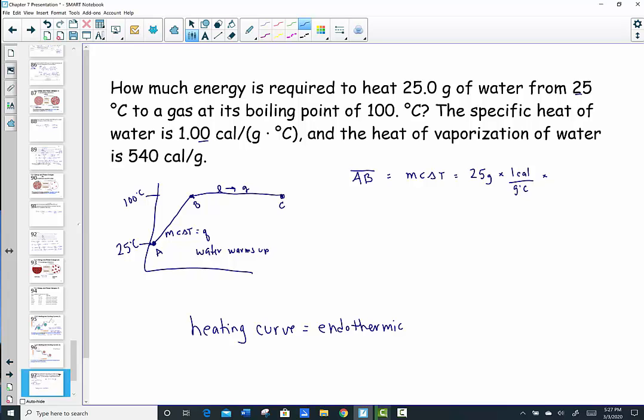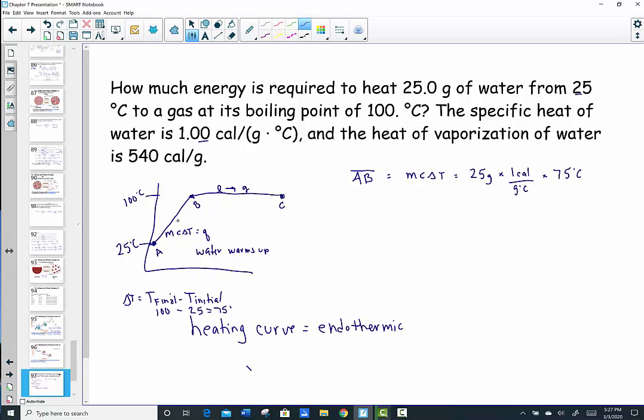Remember that delta T is defined as T final minus T initial. And so if it landed at 100 and started at 25, it changed by 75 degrees Celsius.